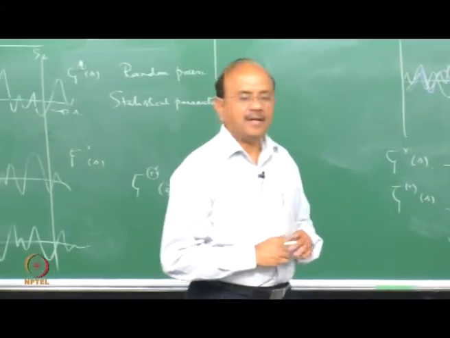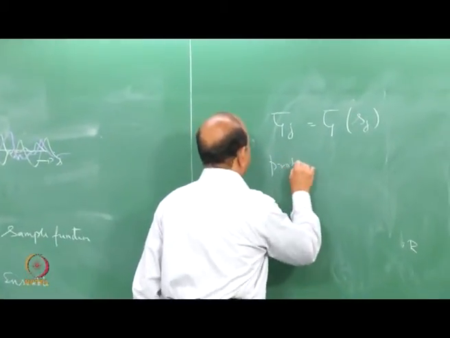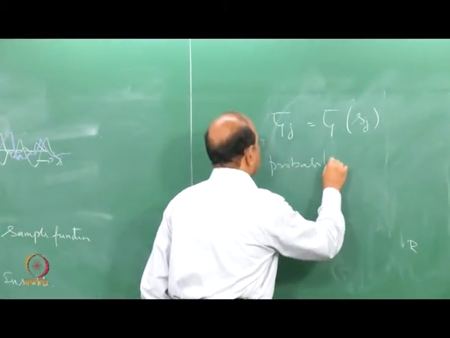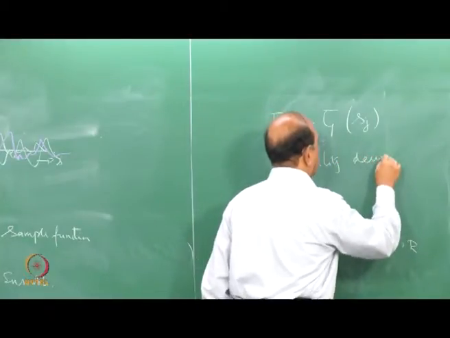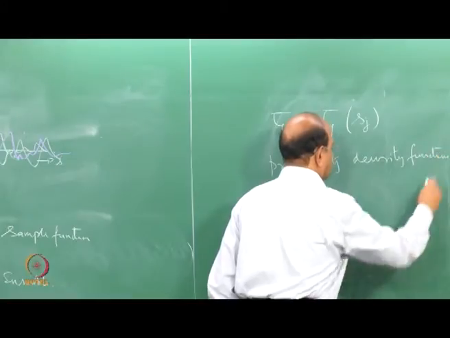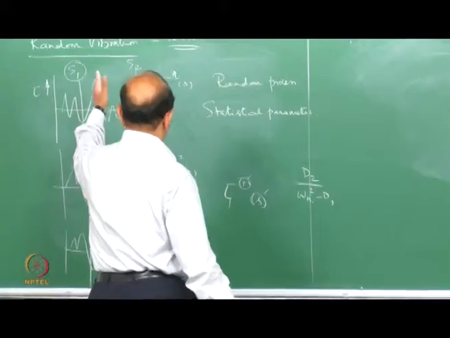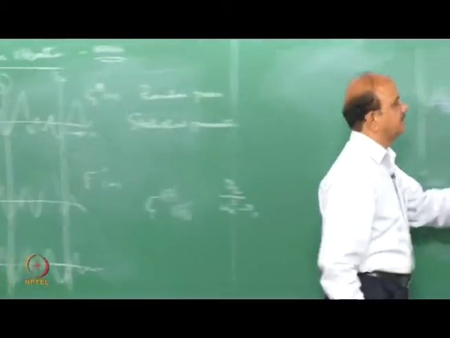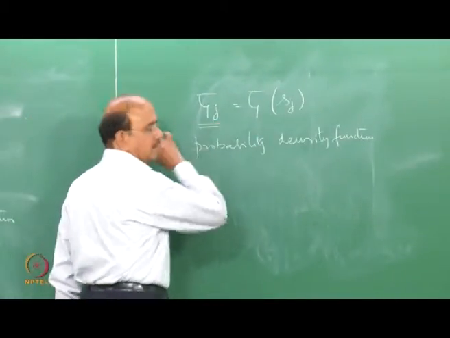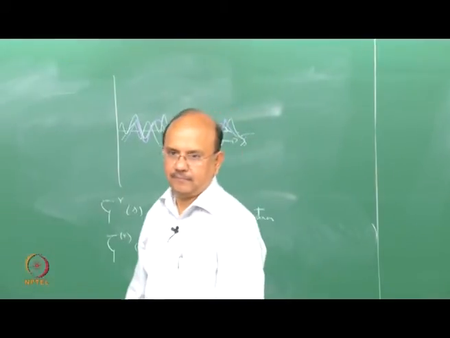Let us now introduce what is called the probability density function. All of you have heard about this density function, which I'm going to use in order to characterize this random variable, which I called zeta at the position Sj.